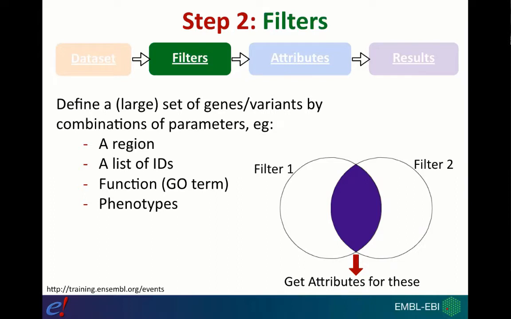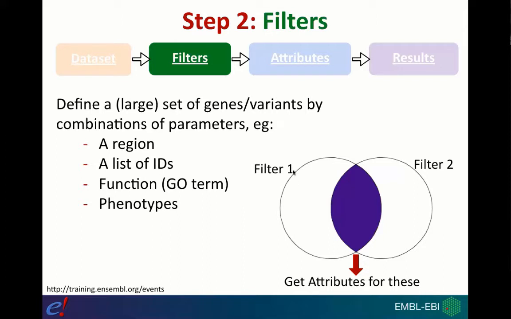Your filter might be a genomic region, or it might be a list of IDs or gene names or symbols. It might be a particular biological function. You might use a GO term as a filter to retrieve information about genes that are associated with a particular GO term. Or you might want to use a phenotype as a filter, to retrieve information about genes with a specific phenotype.